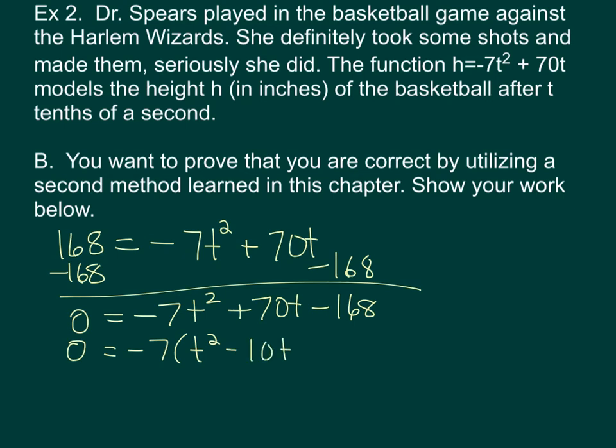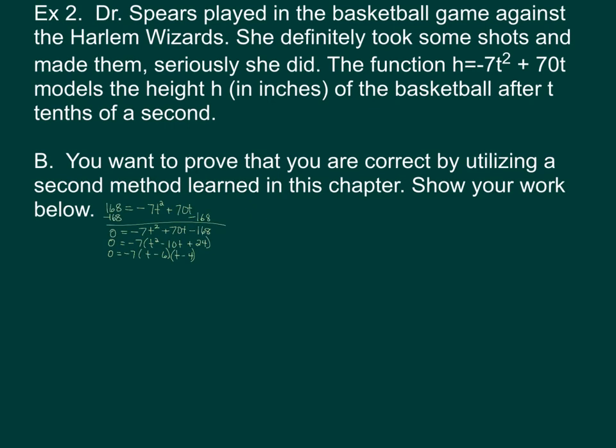So here we go, and then this was plus 24. Now I need to factor what's on the inside there. When I do so, the negative 7 stays on the outside, and I'm left with t minus 6 and t minus 4. And again, I did the factoring using the box method, and I factored it down.